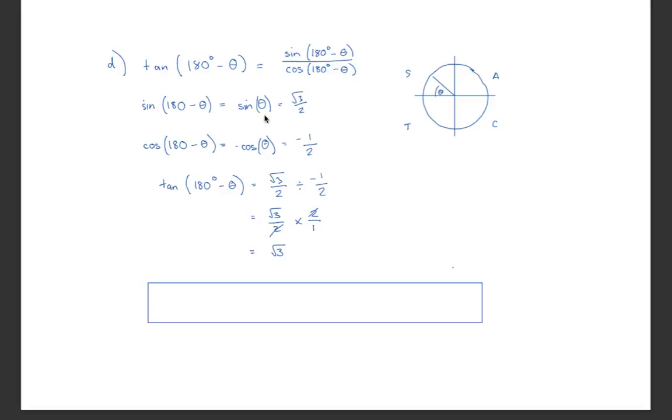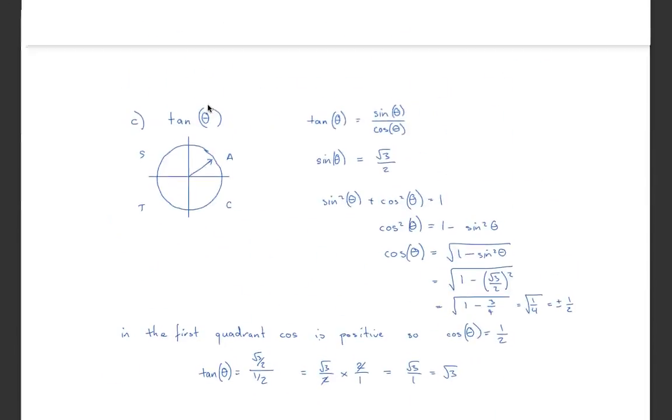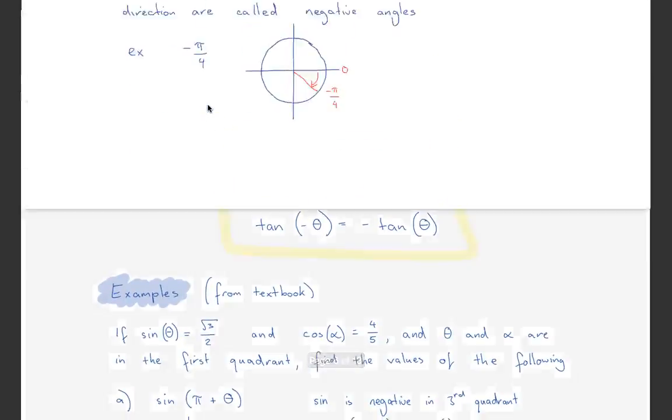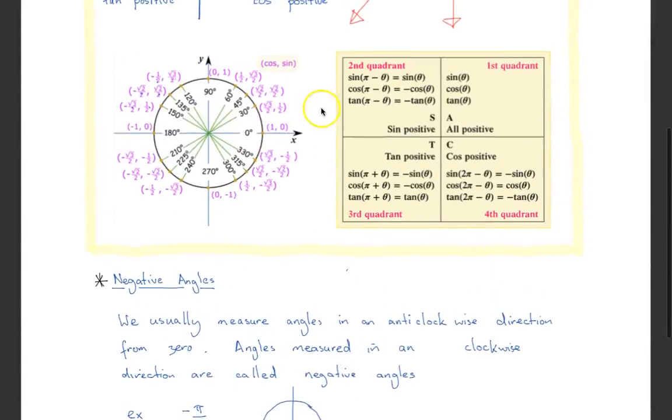We should remember that if we think about 180 being pi, this is the same as sine of pi minus theta. So that's in the second quadrant. Sine of pi minus theta is just equal to sine theta.